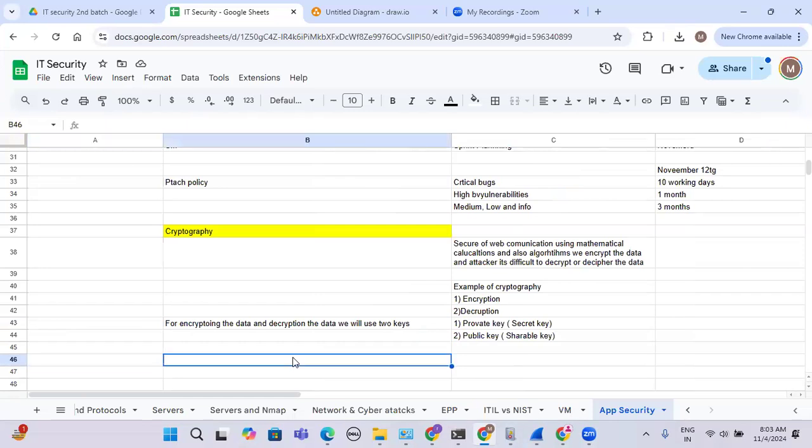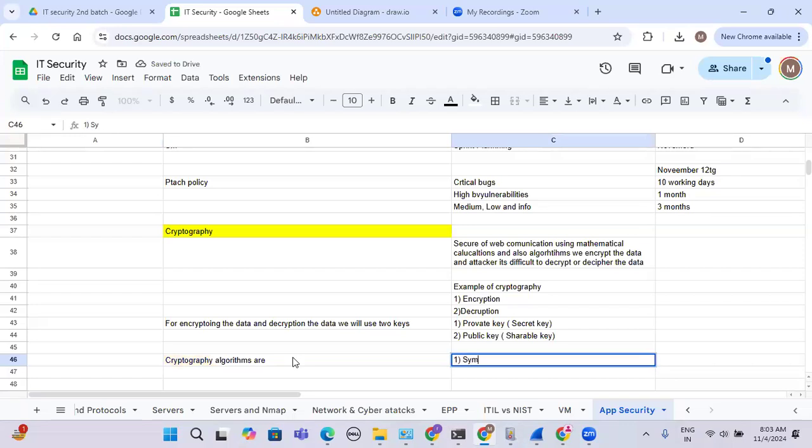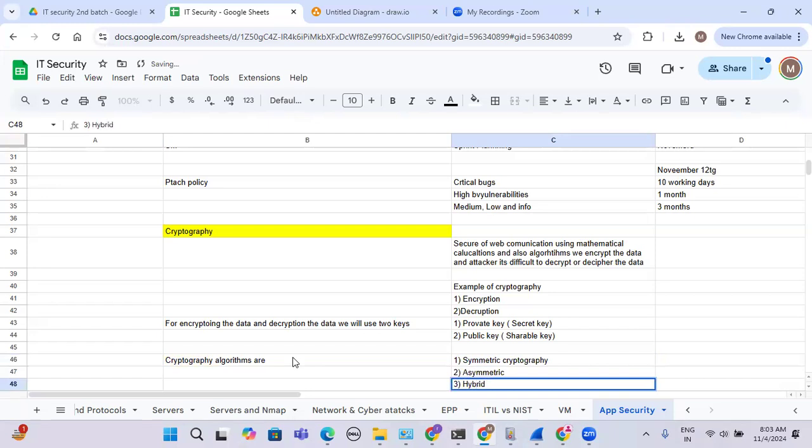Now under cryptography, we have three different types of cryptography algorithms: one is symmetric, asymmetric, and hybrid, which is also called PKI, public key infrastructure.